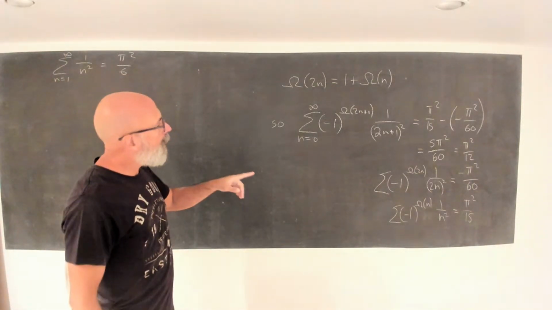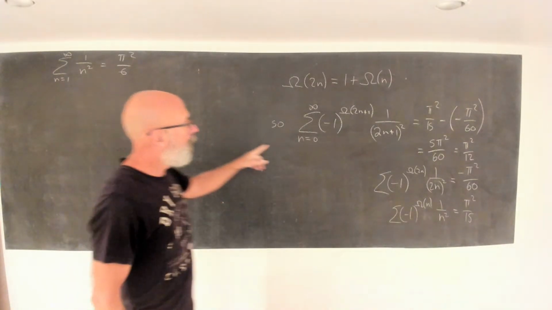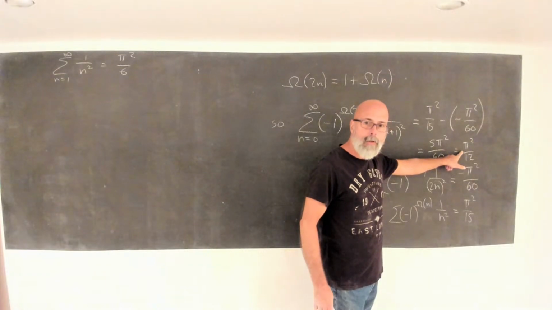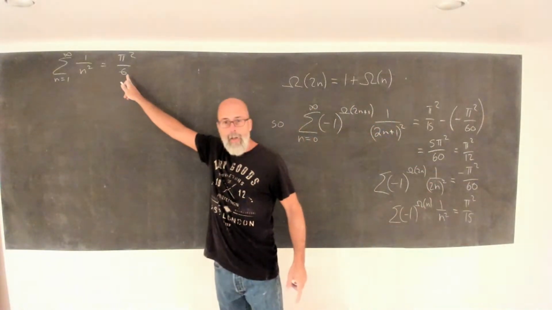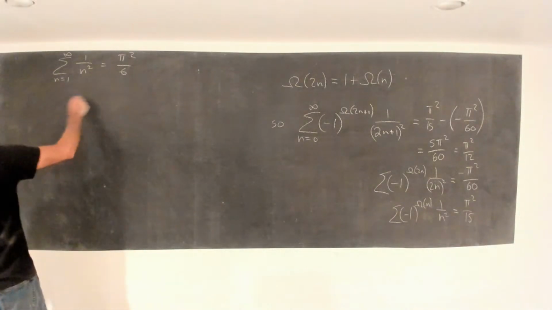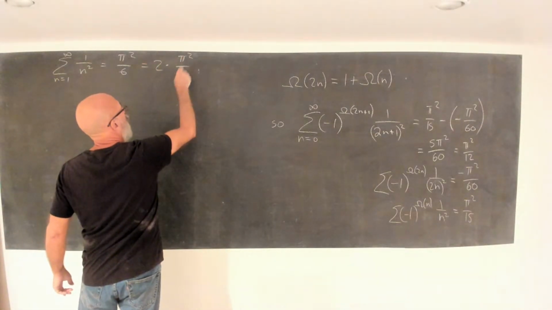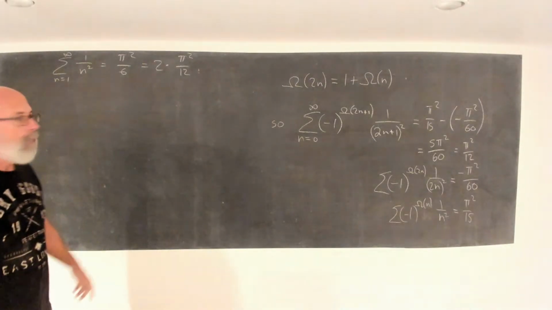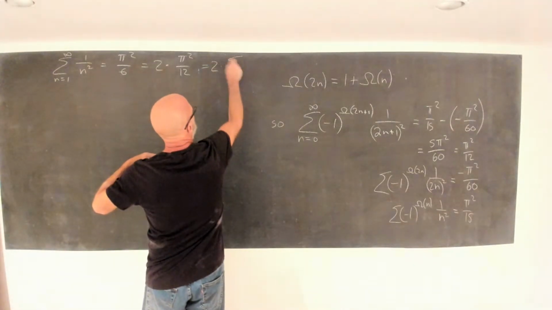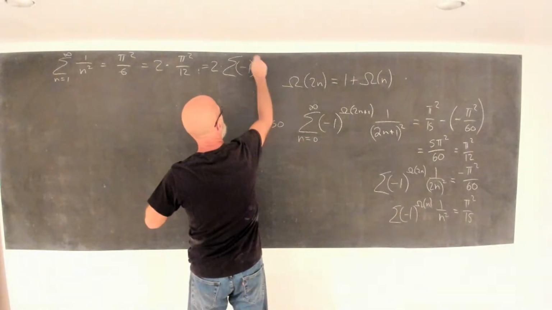Well, isn't that interesting? Two of these will give you that. So pi squared over 6 is 2 times pi squared over 12. And pi squared over 12 is this. It's the sum over the odds.